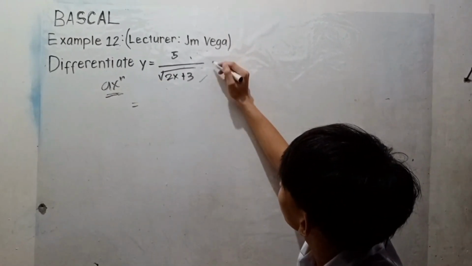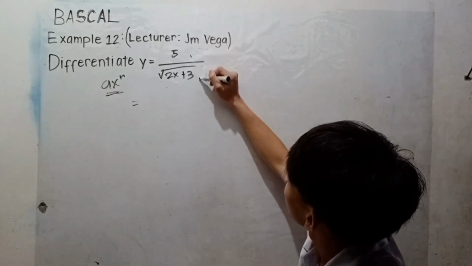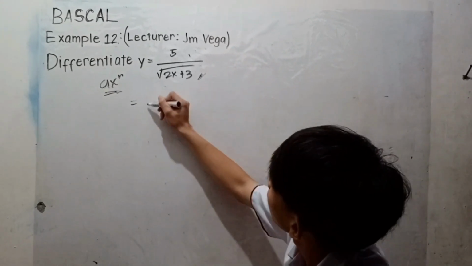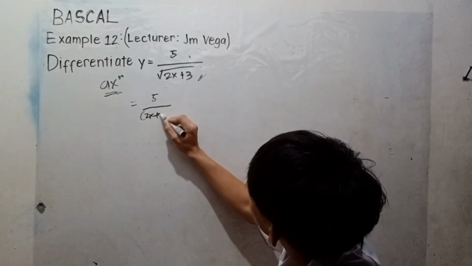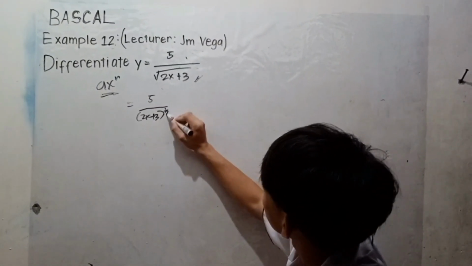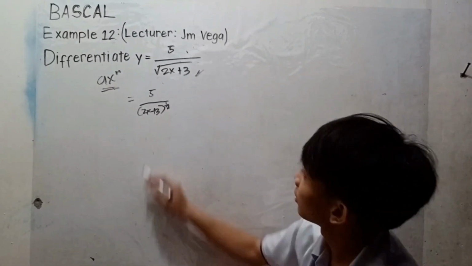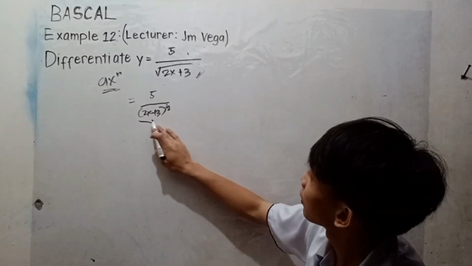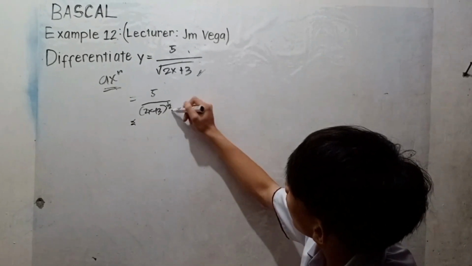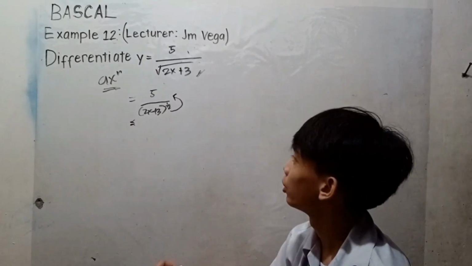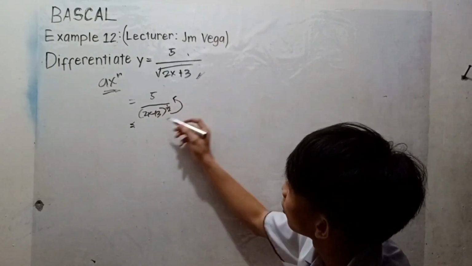Let's just use exponents. So 5 over (2x plus 3) to the 1/2. So it is in exponential form. And after that, we'll have to move it upward, I mean to the numerator.